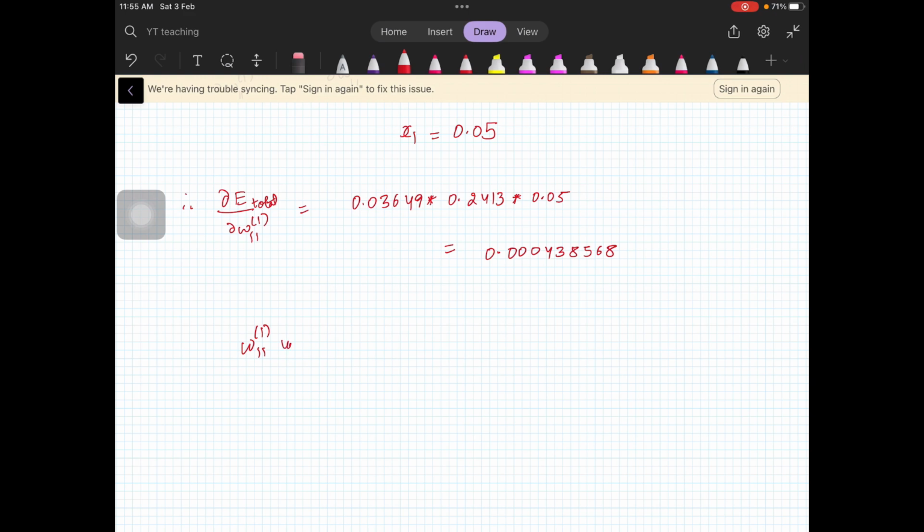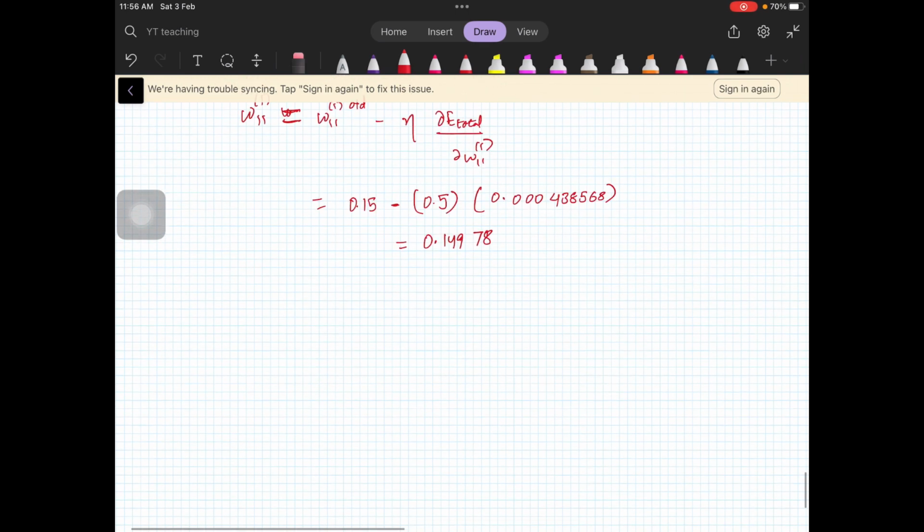W11 updated would be the old value of W11 minus the learning parameter times E total with respect to W11. So the old value is 0.15 minus the learning rate 0.5 into this derivative 0.000438568. So this comes out to be 0.14978.